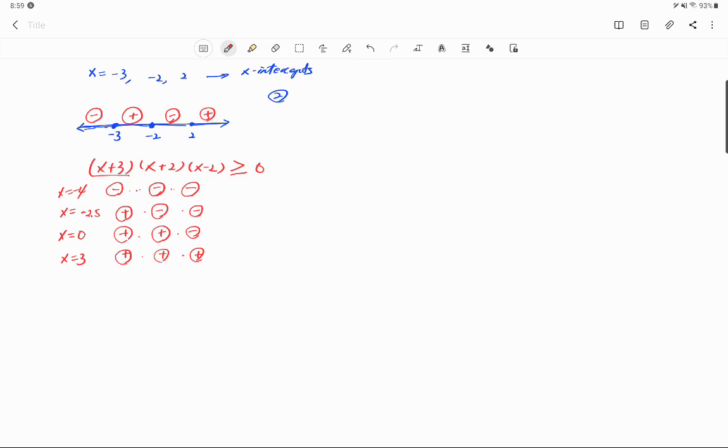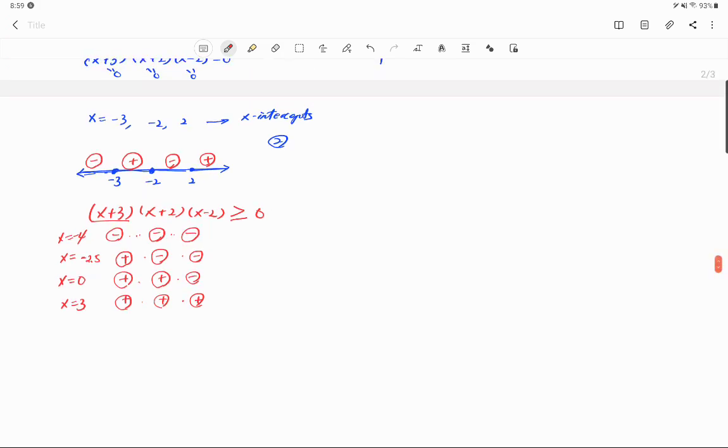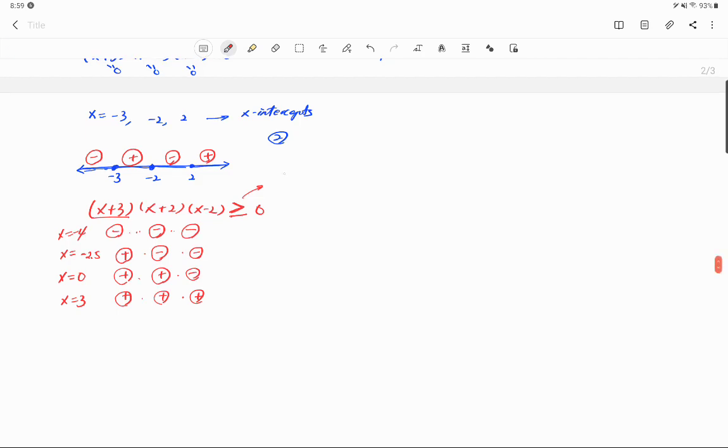So can you see this one? We don't know exactly how the graph looks, but at least we know whether y is positive or negative. Since the expression is greater than or equal to 0, this means positive, right?